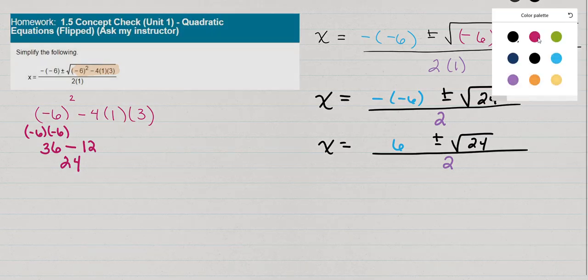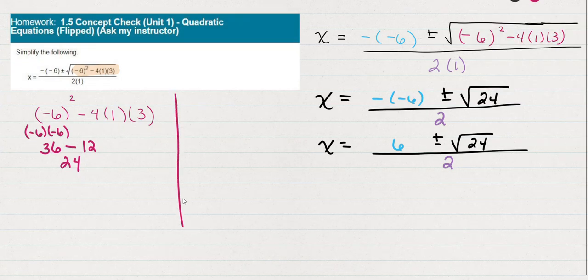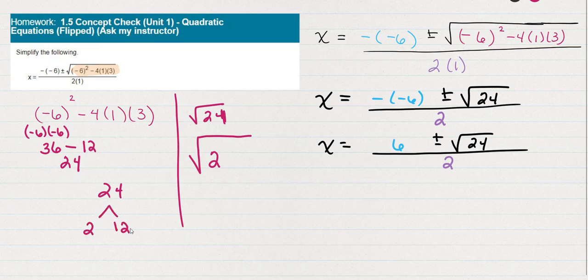And I think that that's often the part that students struggle with the most, because we have to review working with radicals, and in this case it's a square root. So we're looking for any number that we could pull out of that square root of 24. If I rewrite the 24 as a product of prime numbers, and I could do that by making a factor tree, right?